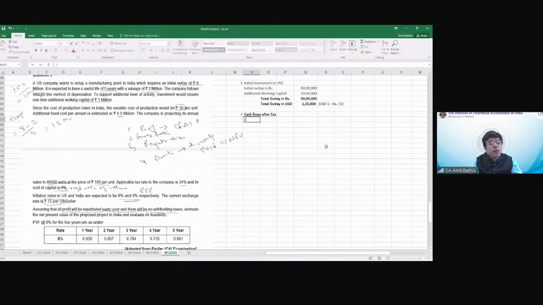I am given sales, variable cost is given to me. Do I have the selling price? Yes, sales is 80,000 units multiplied by the price, 100 rupees.